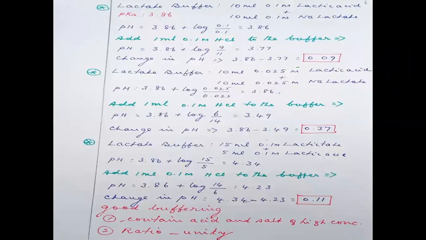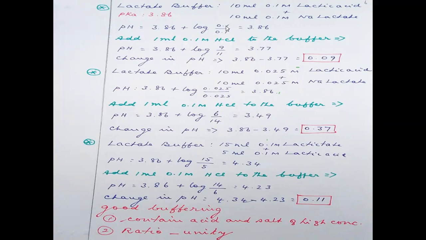So this is the problem I wanted to discuss. I'm taking a lactic acid buffer: 10 ml of 0.1 molar lactic acid plus 10 ml of 0.1 molar sodium lactate. The pKa value of lactic acid is 3.86. So the pH I can calculate according to the Henderson-Hasselbalch equation: 3.86 plus log 0.1 by 0.1.